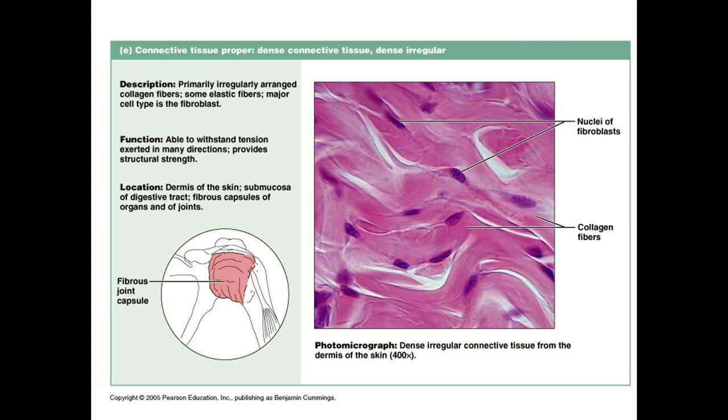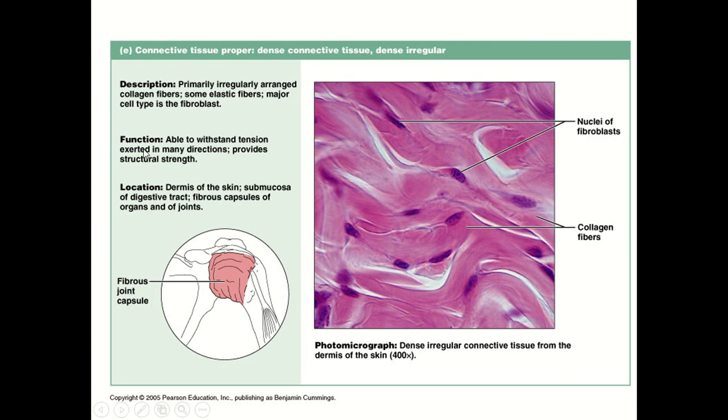Meanwhile, dense irregular is primarily irregularly arranged collagen fibers. They are not parallel in arrangement, and they also have some elastic fibers. Same as dense regular, the major cell type is the fibroblast, except the arrangement is different and also the function.